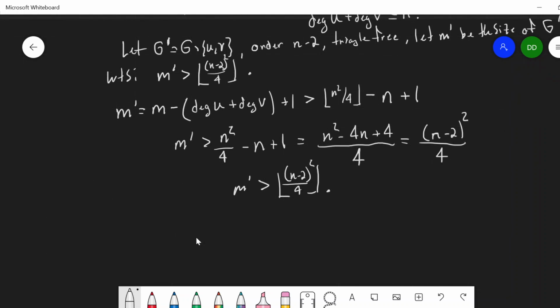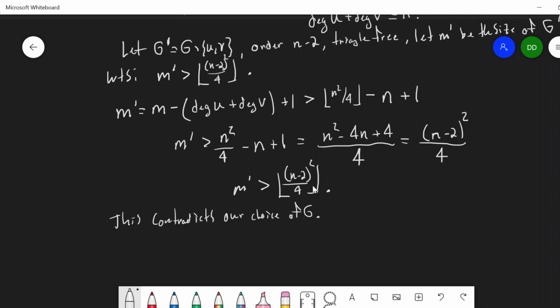And so I'll write at the bottom, I've explained it a couple times, but I'll say it again. So this contradicts our choice of G. Remember, G was supposed to be the smallest counterexample with respect to order, but we found that if we took G, we could find a smaller counterexample that satisfied all the hypotheses, was triangle free, its size was greater than its order squared over 4.